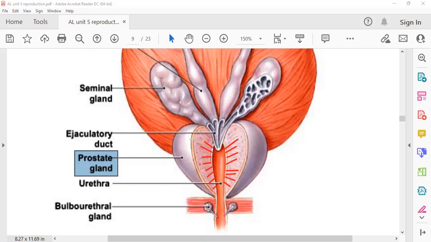Yes, sir. Right. When you go down, you will see the urethra. In the urethra, another two glands are opening directly. So what are the glands opening to the urethra? Prostate gland and urethral gland. So the seminal vesicle doesn't open to the urethra.